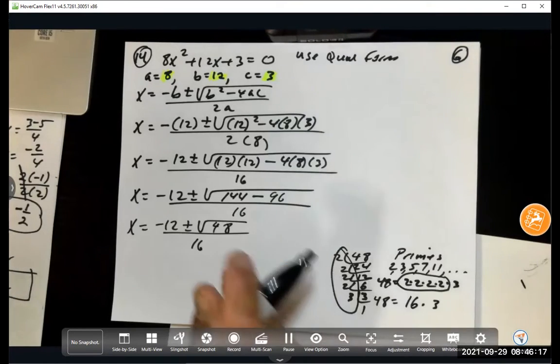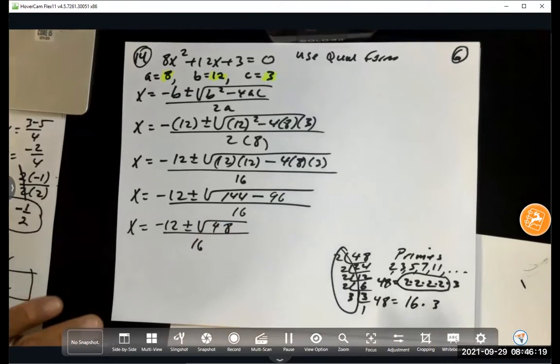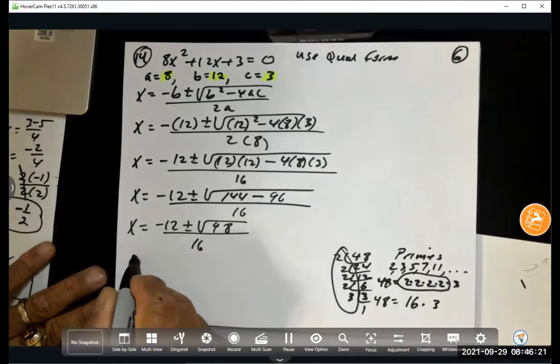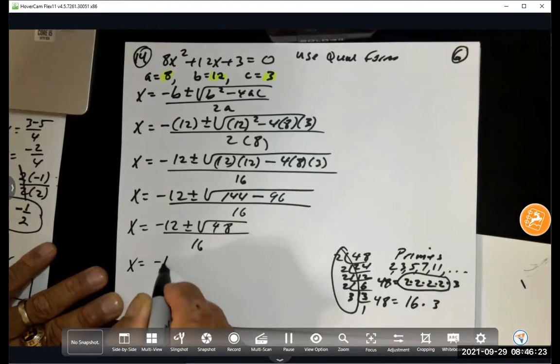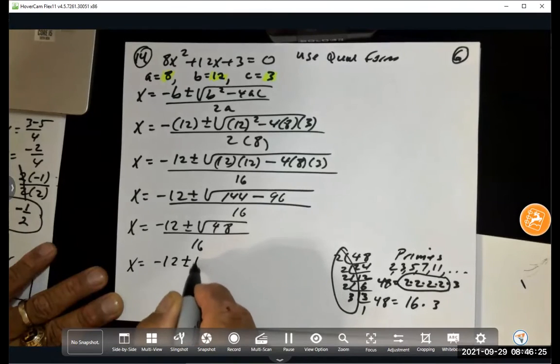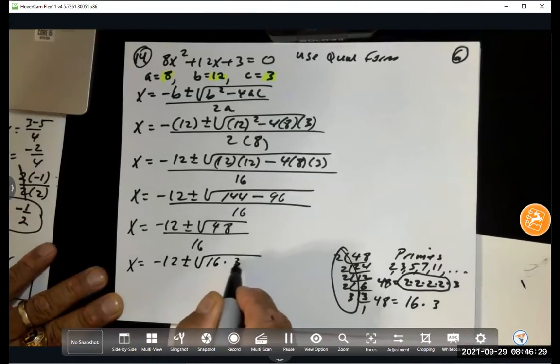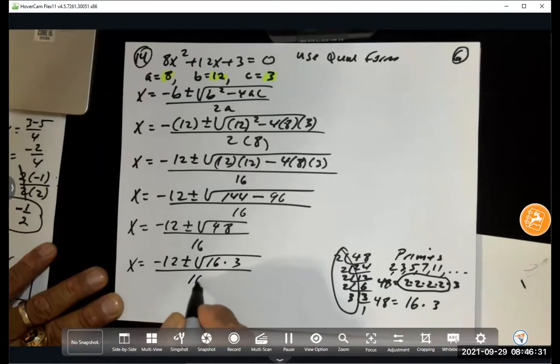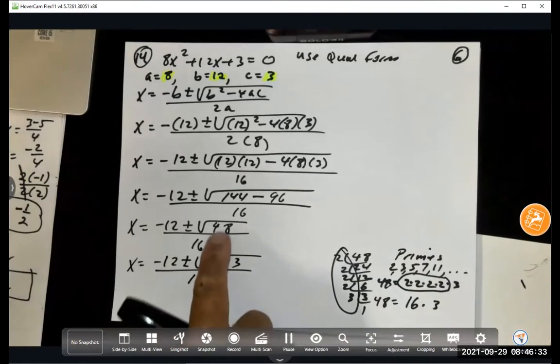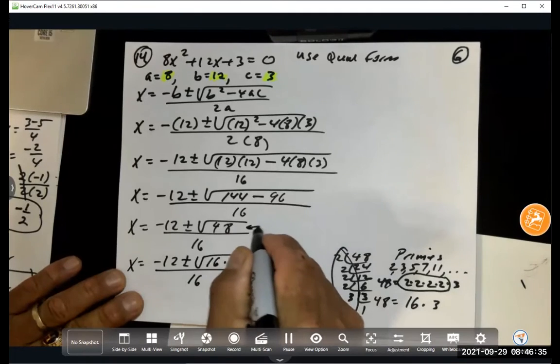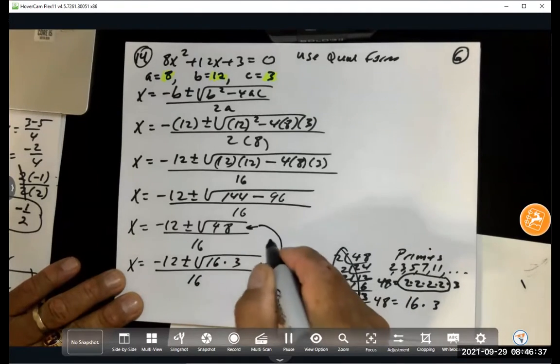Okay, so now I'm going to replace this right here by that right there. Watch, you'll see in a second. Negative 12 plus or minus, so instead of 48, I'm going to write 16 times 3. This one is the same as that one right there. Rewrite it.